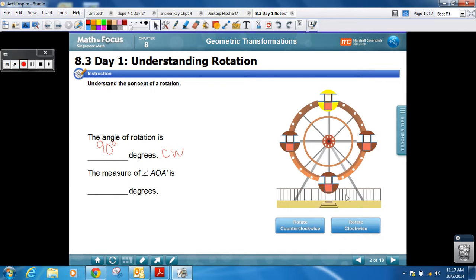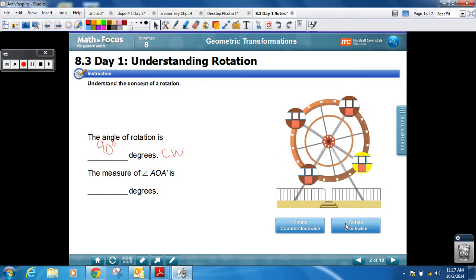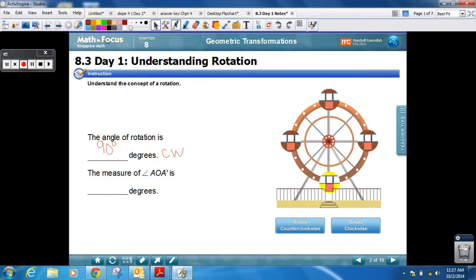So be careful on counterclockwise and clockwise. Okay, so if I have this and I label my original point as A, the center of rotation as O, and my image as A prime, we would say that that angle is 90 degrees.